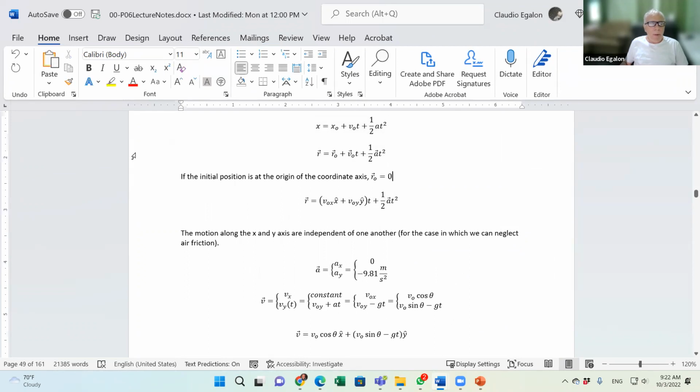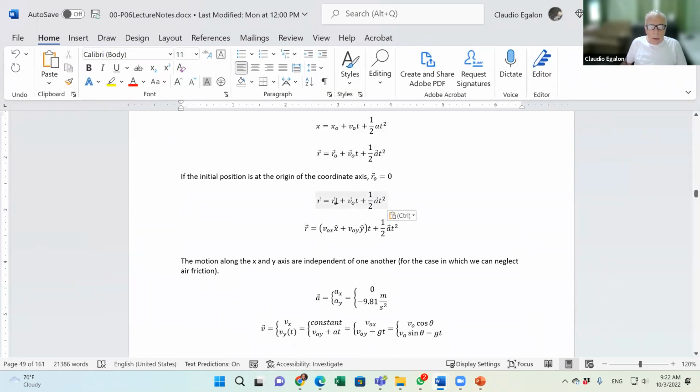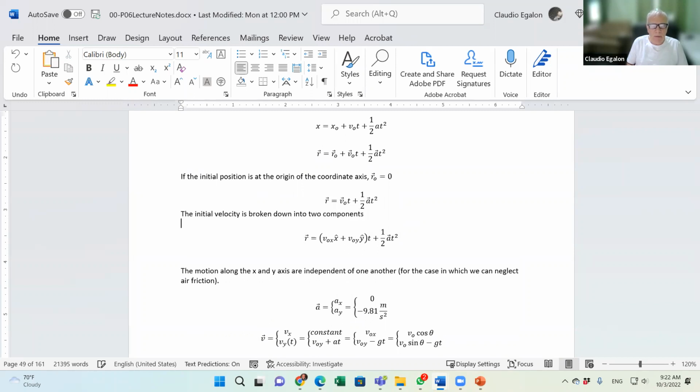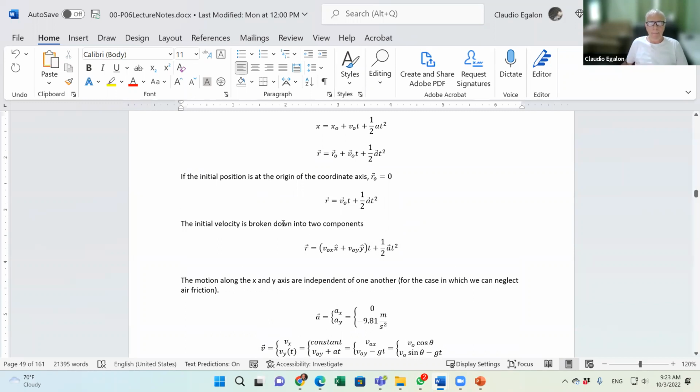Let me do another step here. The initial velocity is broken down into two components. That is step by step.